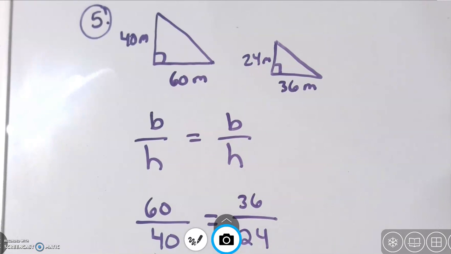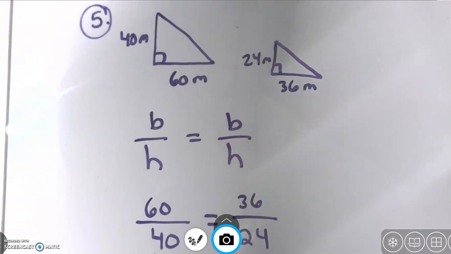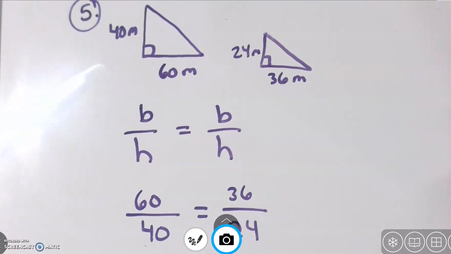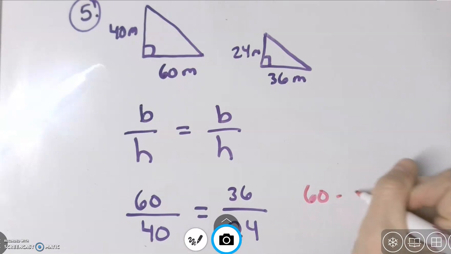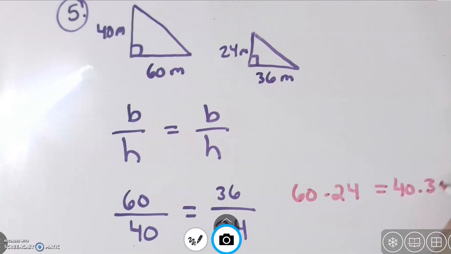Then they want you to use the cross products rule to prove that these two are equal, or to prove that they're a proportion. Over to the side here, I'm just going to do that for you because I'm running out of room. So the question is, does 60 times 24 equal 40 times 36?